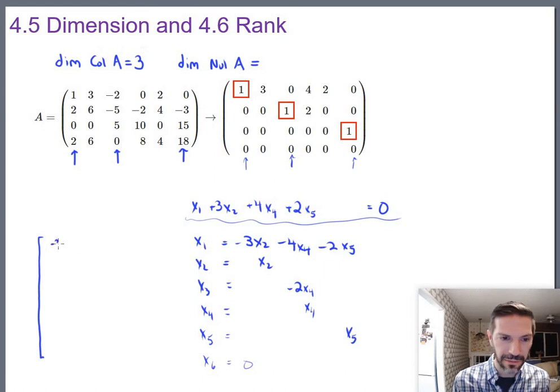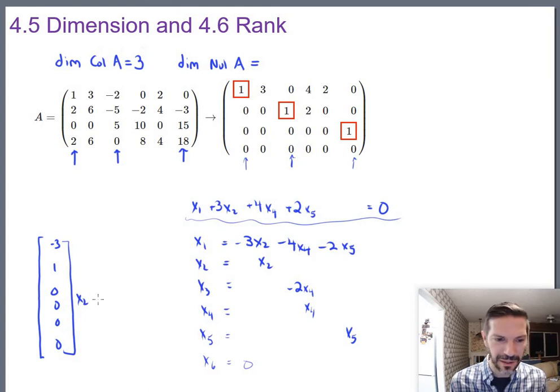So that'd be negative 3, 1, 0, 0, 0, 0 for x2. I could do the same thing with x4, and I could do the same thing with x5.